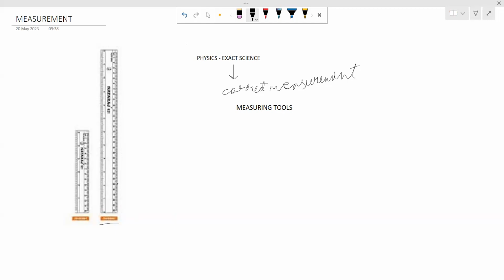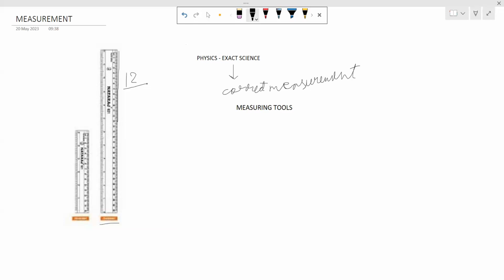Suppose one pencil I will take or one stick I will take. I will place it here at 0 point, and then suppose the stick is coming up to this mark. So it is 11 or 12 centimeter. So the length of the stick I will say as 12 centimeter. So easily you can measure the length of different materials.